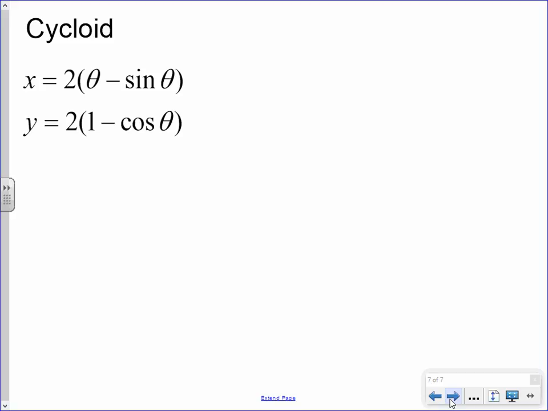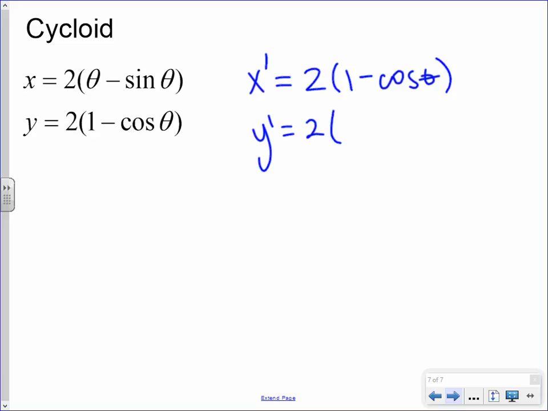Okay, so is this curve smooth? Let's find out. What is the derivative of our x? What's the derivative of 2 theta? 2 times the quantity 1 minus cosine. And what about y prime? 2 times the quantity sine theta.